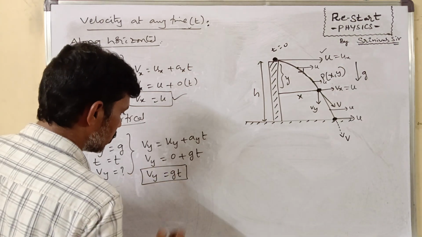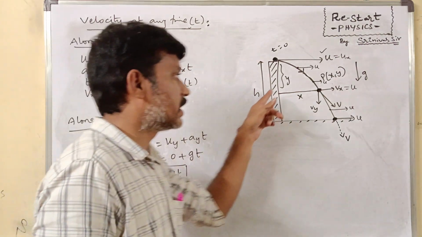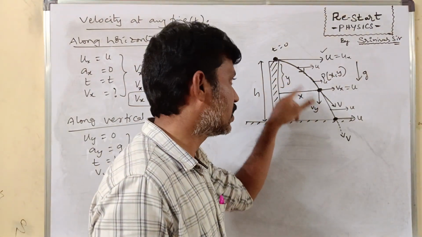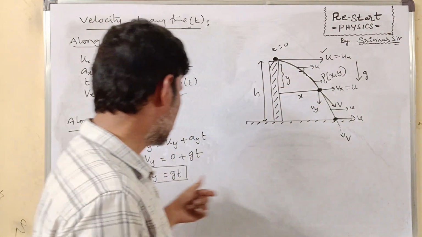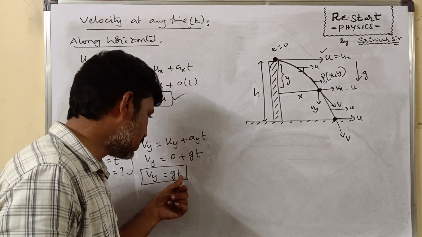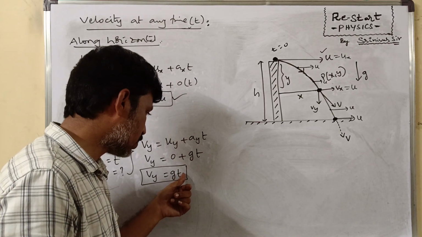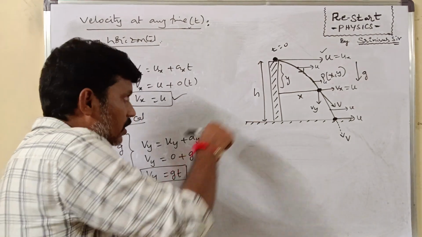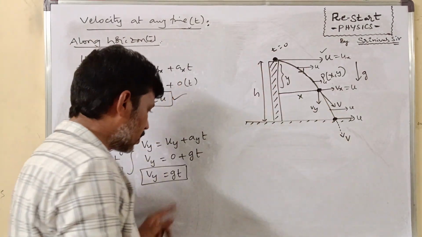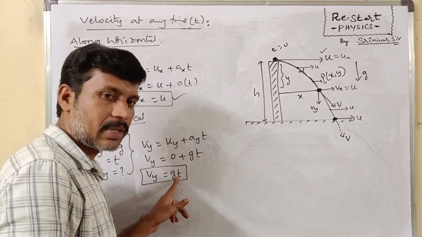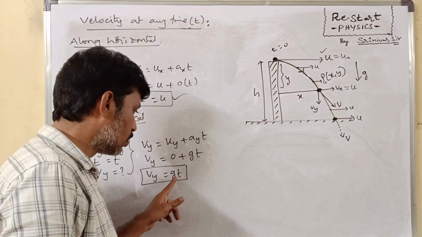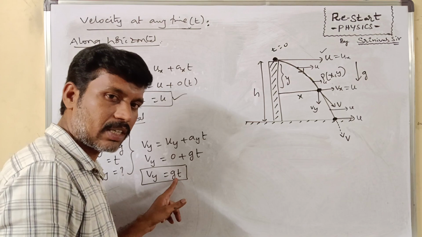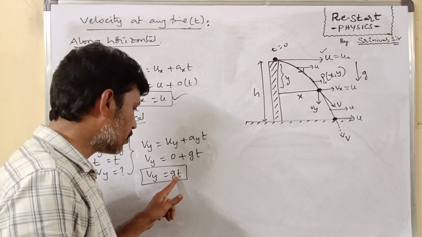Now you know an important thing: the vertical component of velocity, from top to bottom, increases with respect to time t. For 1 second it is 10 meter per second, 2 seconds, 20 meter per second, taking g as 10, 3 seconds, 30 meter per second.